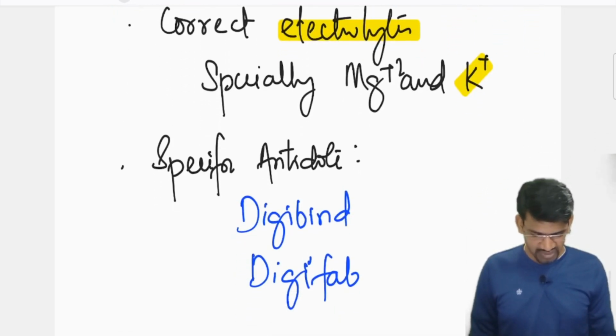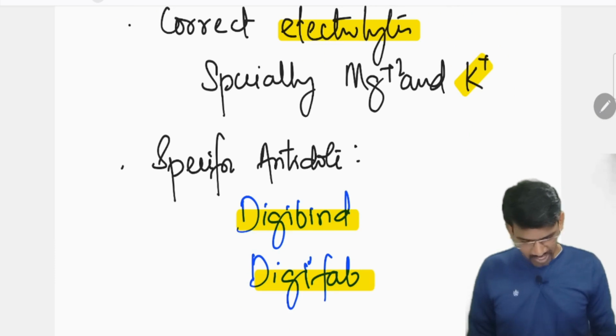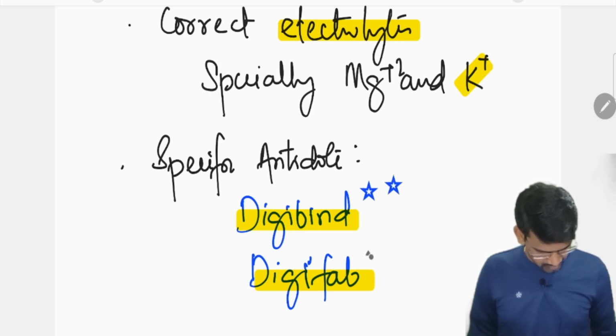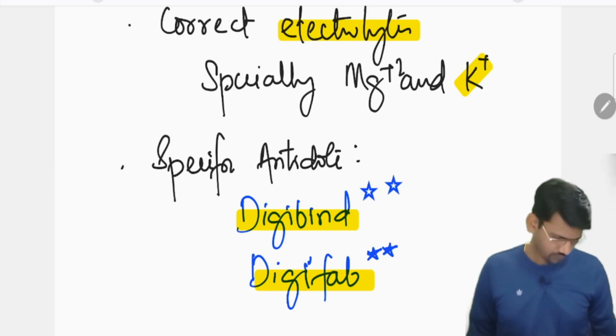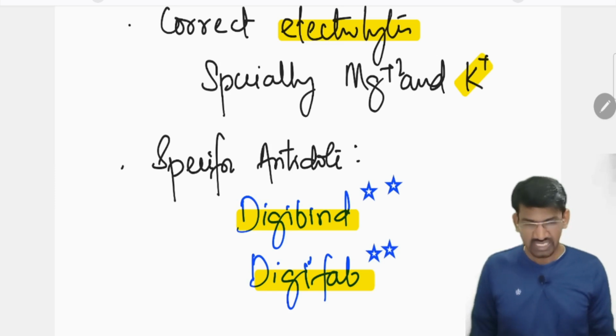Then we can use the specific antidote, that is Digibind or DigiFab. These are called antidotes for digoxin. Very important, remember these two drugs.